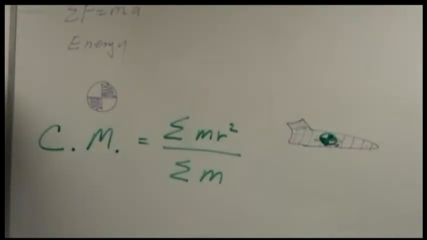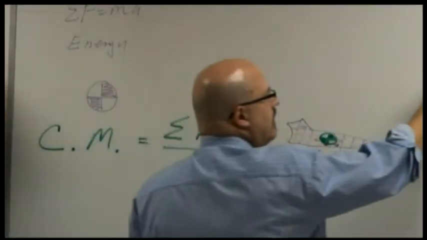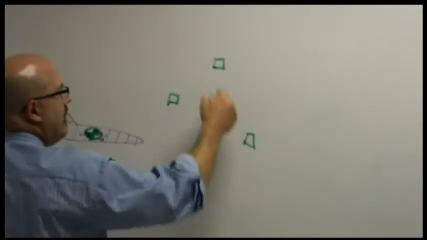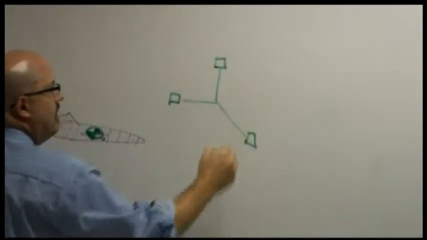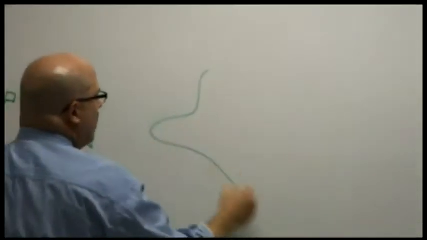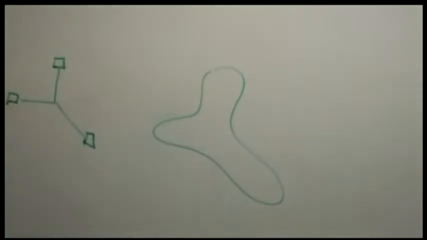Now that's if it's a discontinuous object, like you have a little piece of mass out here, a little piece of mass out here, and a little piece of mass out here, and they're connected by something that has no mass, or very little mass. But if it's a continuous object, some continuous blob, then we have to integrate the thing.